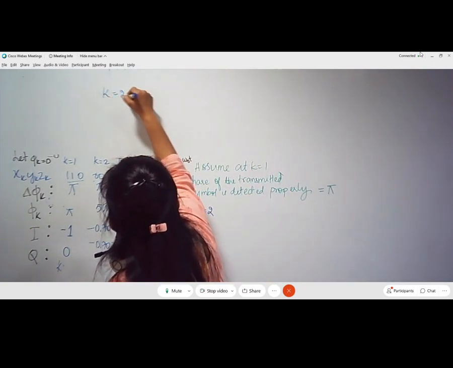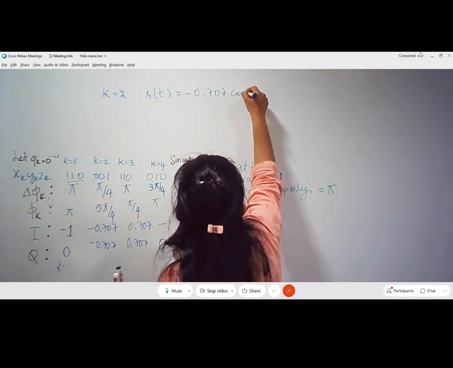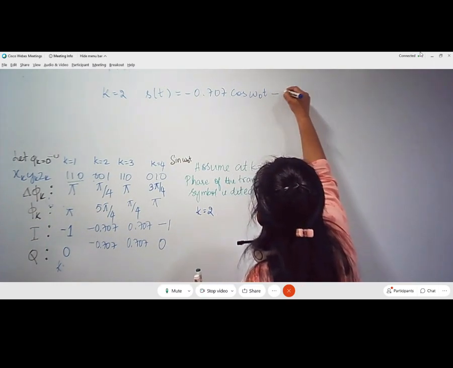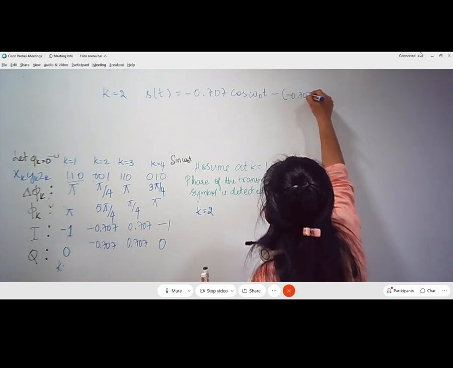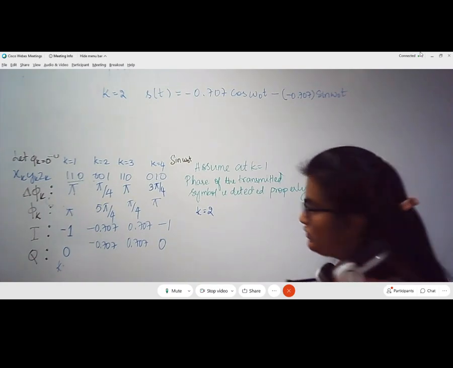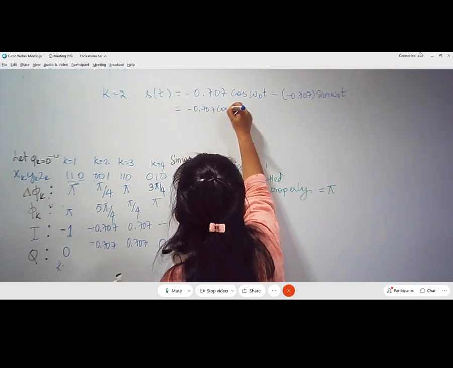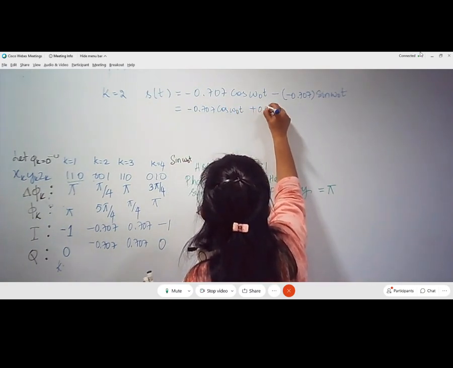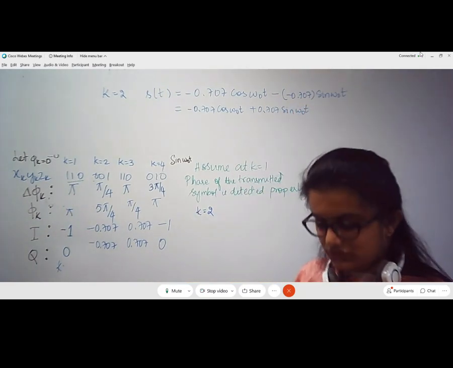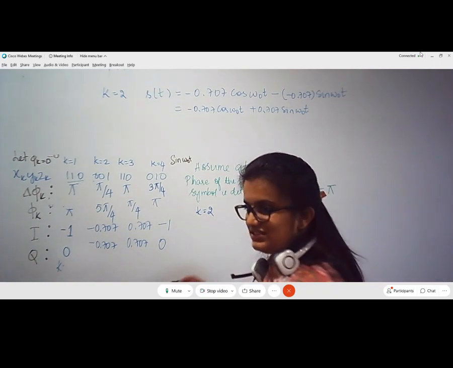K is equal to 2, so S of t would be of the form minus 0.707 into cos omega naught t plus, I'm writing it directly, minus of minus 0.707 multiplied by sin omega naught t. This is what you're going to transmit. This can be written as minus 0.707 into cos omega naught t plus 0.707 into sin omega naught t. You are going to write it like this, right? This will be transmitted.